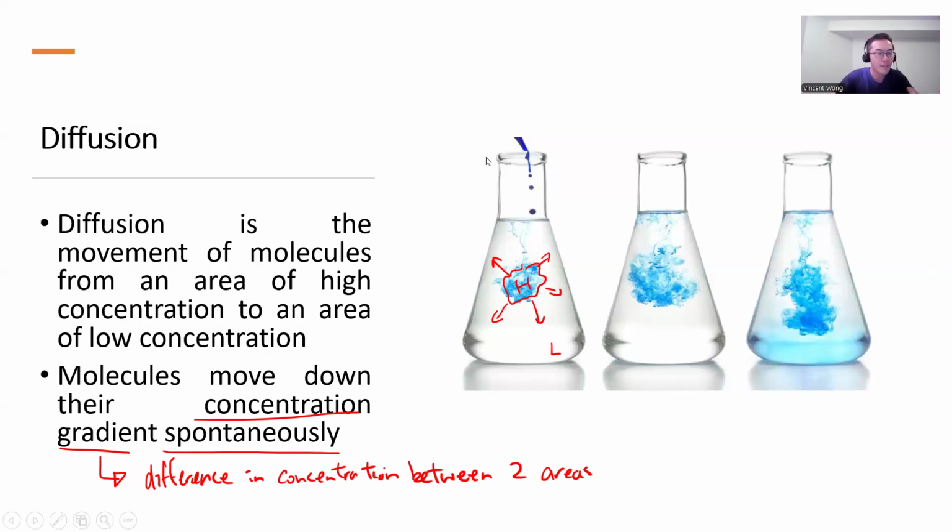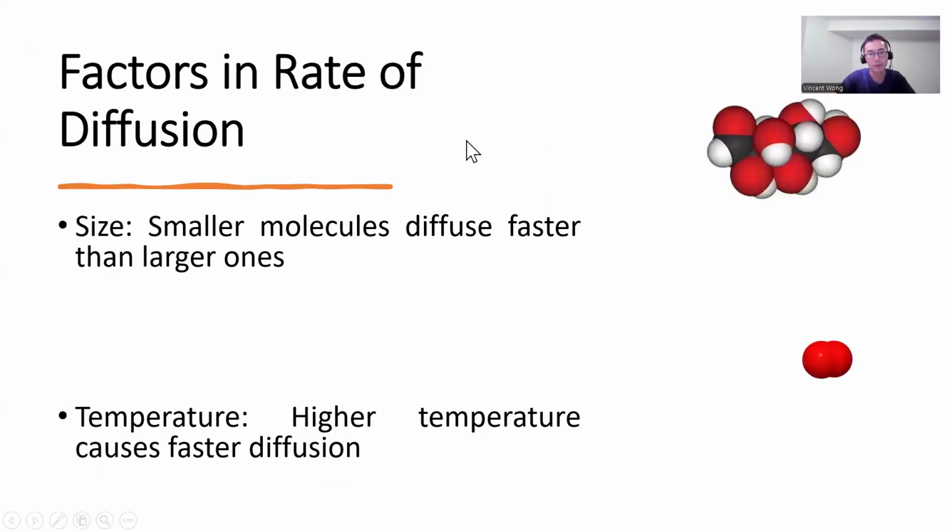Now, there are different factors that affect how fast diffusion occurs. For example, things that are smaller tend to diffuse faster than larger ones. It's easier for small things to move around, right? Quickly, right? Have you ever tried to catch a fly or something? It's really frustrating.